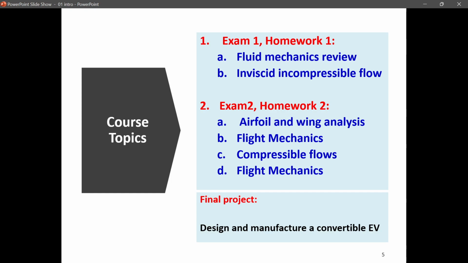Let's talk about project teams a little bit. I will post a better guideline about the project and a rubric about the project on Blackboard soon, in a week or so. But the idea is you must work on this in teams of at least 3 students.